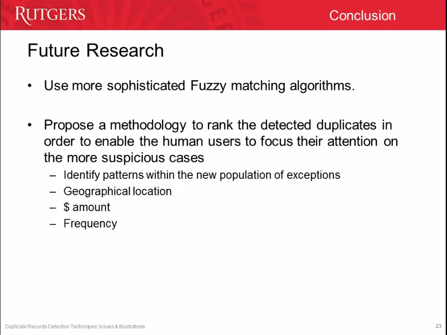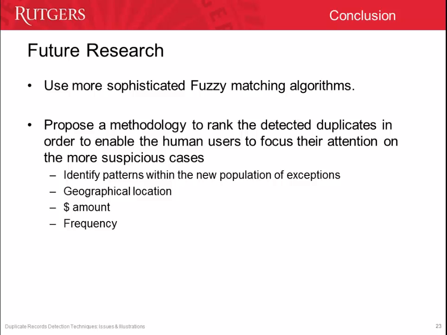And we would also like to develop a methodology that would help us in prioritizing the identified duplicates, which, as the results show, tend to be too numerous to investigate all of them.